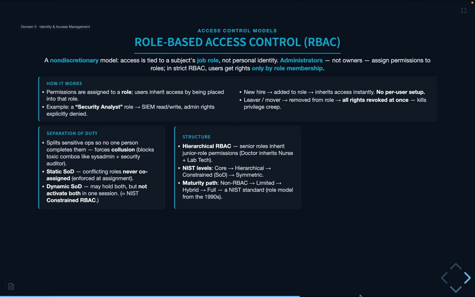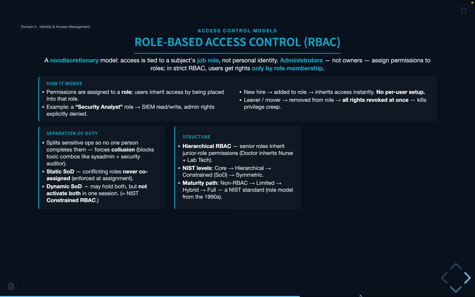So role-based access control also follows a hierarchical structure like the mandatory access control model, or MAC, where senior roles inherit the permissions of junior roles. For example, a doctor can inherit the permissions of nurse and lab technician roles because he has a senior role. The NIST model has 4 levels, that is core, hierarchical, constrained separation of duty, and symmetric.